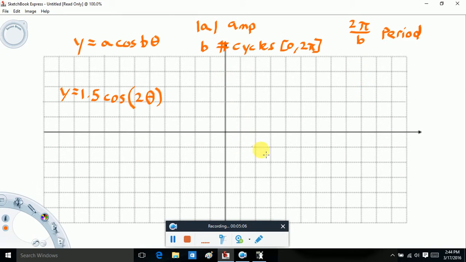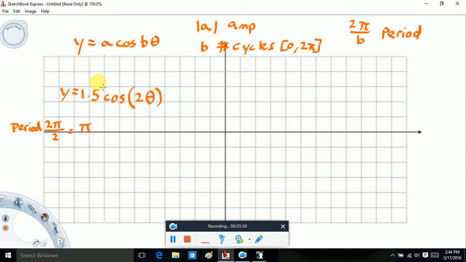So how long does it take to go through one cycle? Well, we have to figure that out. So the period is 2 pi over b, which is 2. So the period is pi.